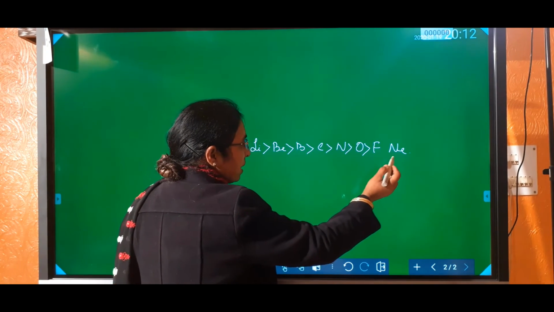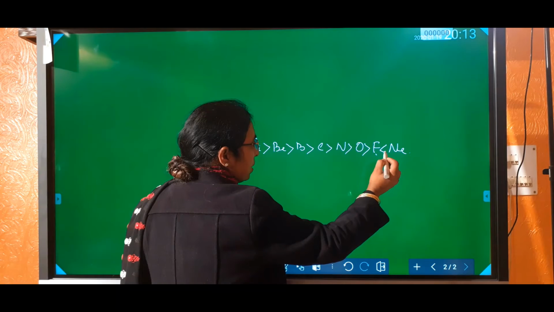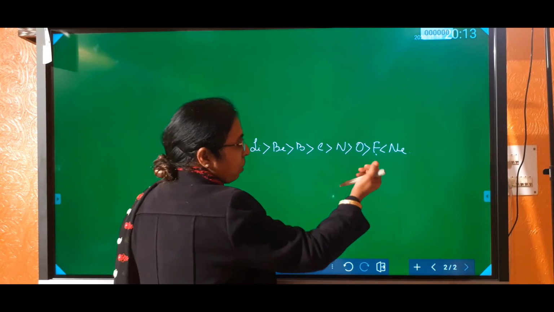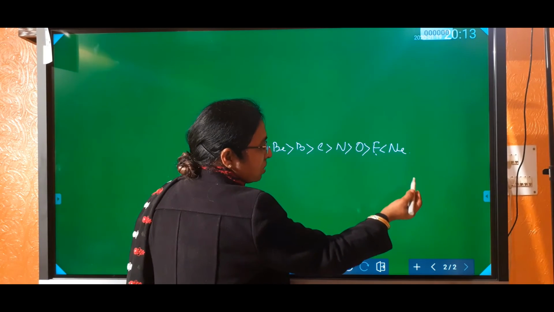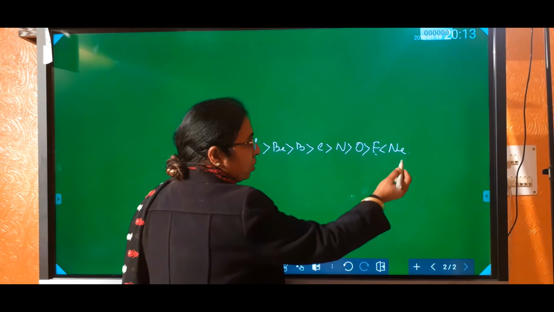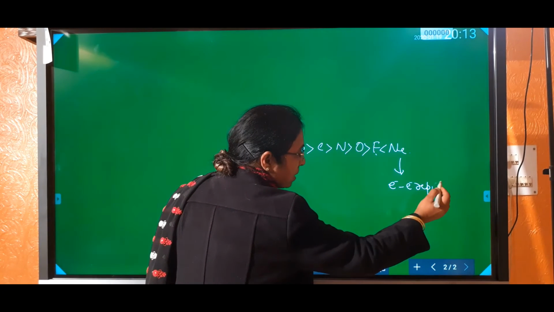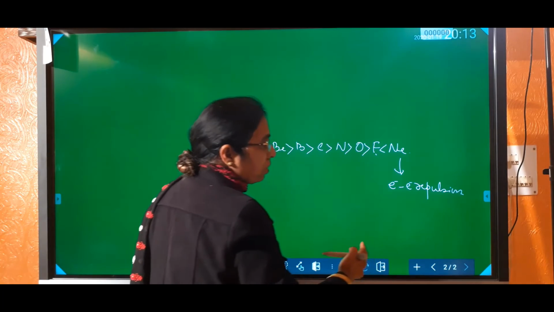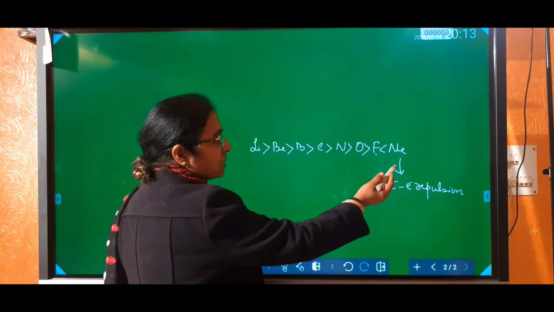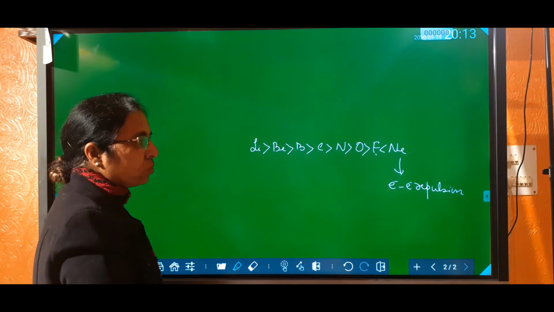But there is a little bit of anomaly when you come to fluorine and neon. The size of neon is larger than that of fluorine. Why? Because neon has a completely filled shell, and in these inert gases there is electron repulsion, which pulls the electrons outside, so the size increases a little bit when you move from fluorine to neon.